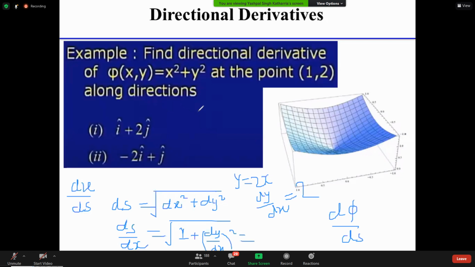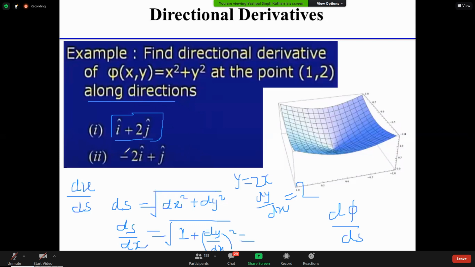Find the direction at the point 1, 2. So we have also given the directions here. It's not just 1, 2. You see the directions here? i plus 2j. Okay, so that's a line, right? So on this line, you have to find out the directional derivative.